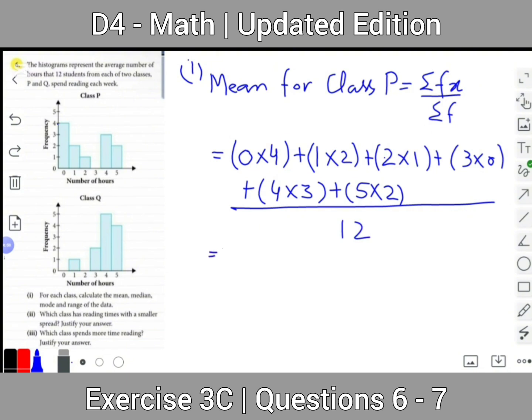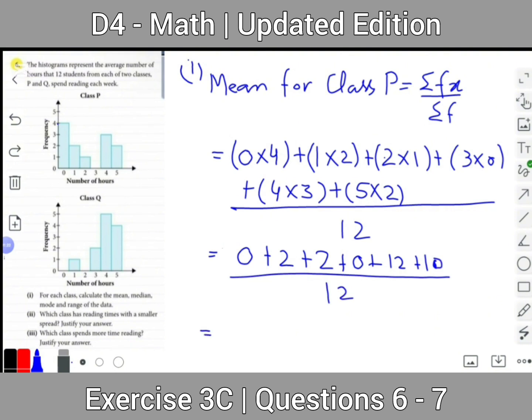Here we have 0, 2, 2, 0, 12, 10, divided by 12.